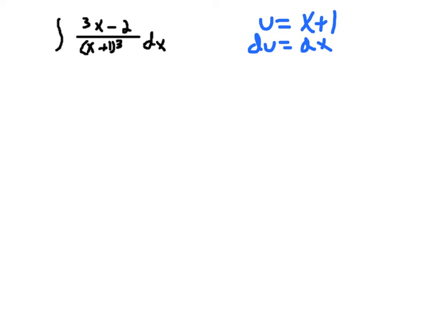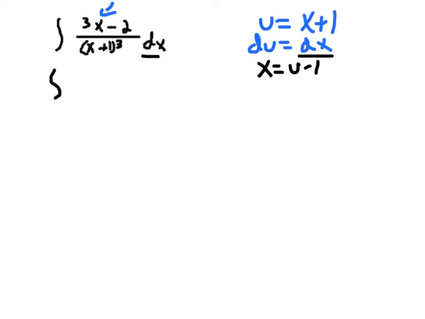Alright, so if u is equal to x plus 1, then du is equal to dx. So I can see that I'm going to have that extra x right up here on top. So to solve for that, x is equal to u minus 1. So now I do my substitution. I'm not missing a constant because I need dx and I have a dx, so I can just substitute right in.